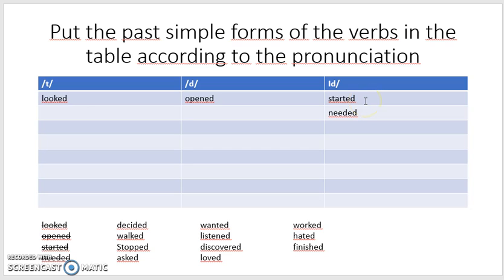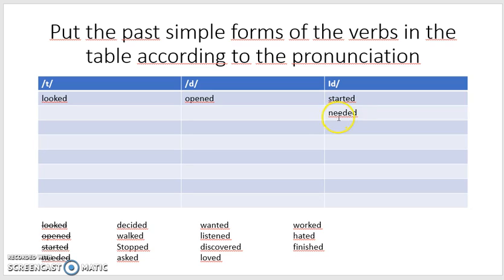But in the third column, with this sound id, we do add an extra syllable, and this occurs when the verb in its base form ends in t or d. So for example, here we have the verb in its base form start. So that becomes, with an extra syllable and the sound id, started.